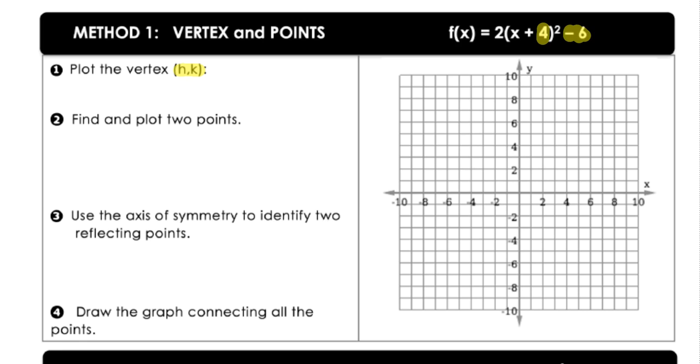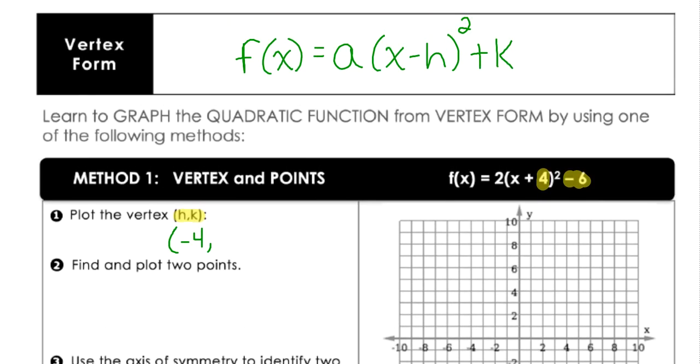So in this situation, in our example up here of 2 times x plus 4 squared minus 6, the h value is negative 4. Remember that in the original vertex form equation that we wrote up here, there is a minus sign here. So if we have a plus 4, that's really minus a negative 4, which means h is negative 4.